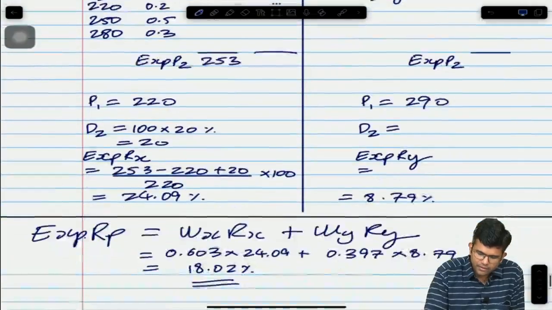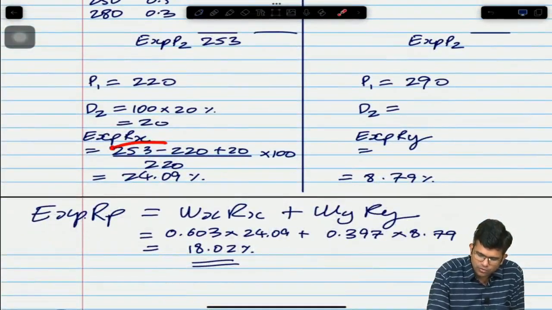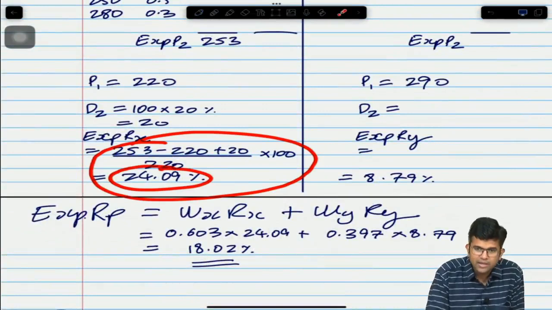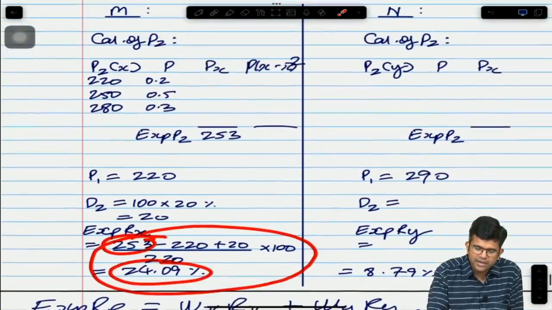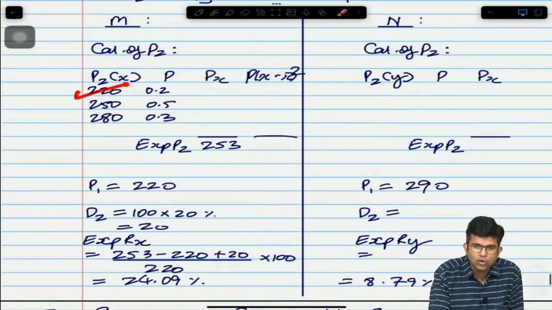See, you all did this calculation to find the return of M. This calculation you did by taking 253. I am saying let's not take 253. Let's do it 3 times: one with 220, one with 250, one with 280. Everybody clear?